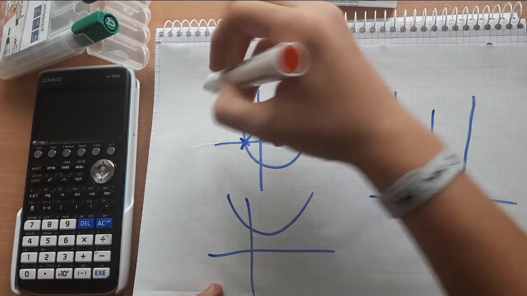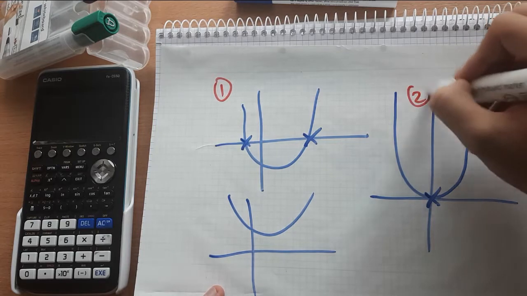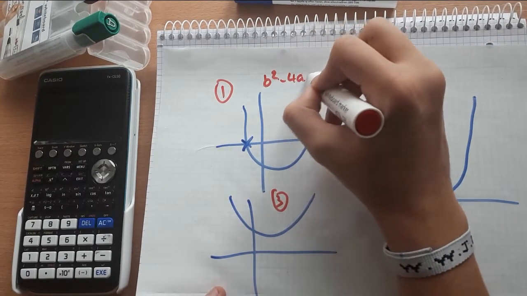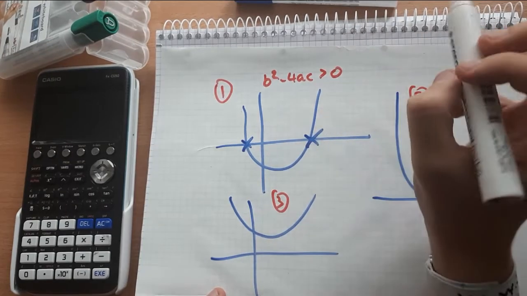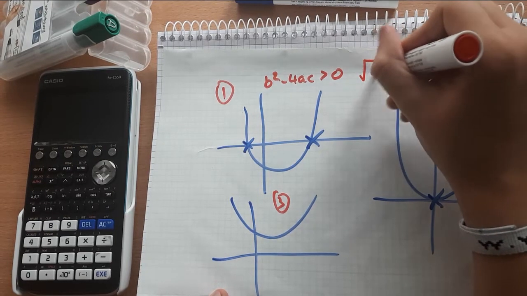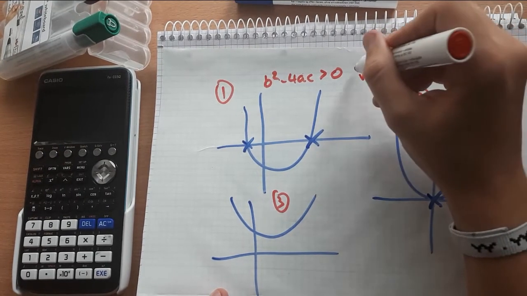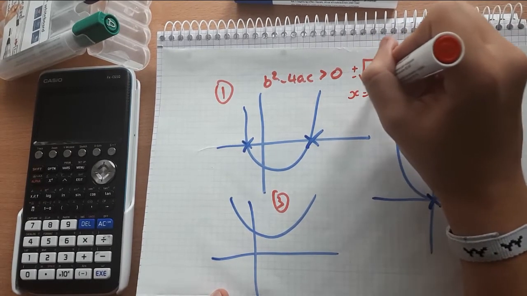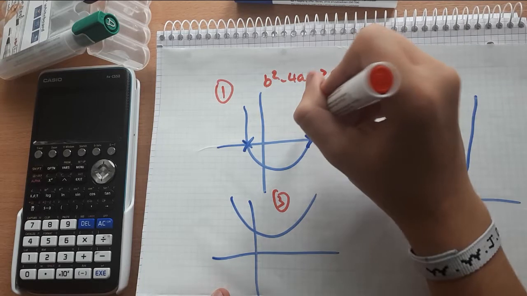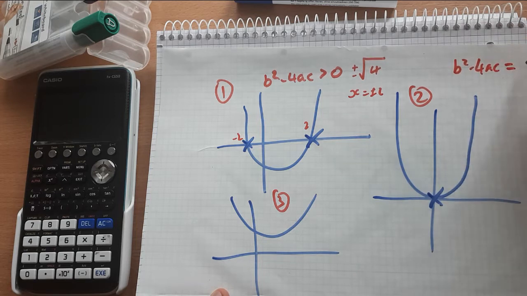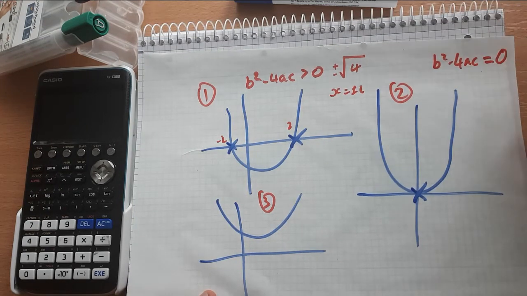So in this first one here, well, I'll number them all. In this first one, b squared minus 4ac is greater than 0, which means that whenever you take the square root, say it could be the square root of 4, you get plus or minus 2, so you've got 2 and minus 2. This one here, b squared minus 4ac equals 0.